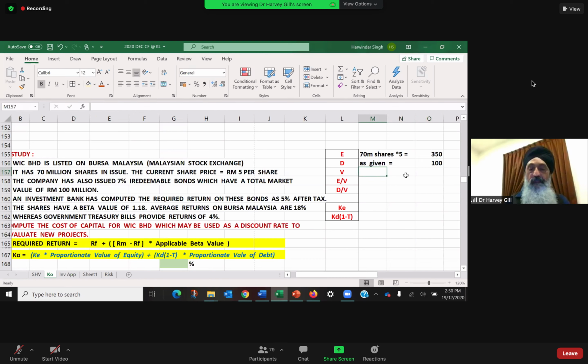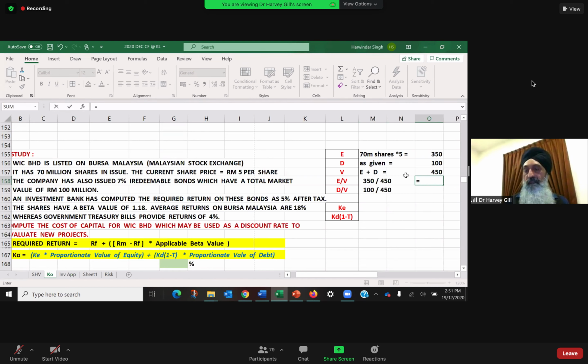Therefore, this is E plus D, which is 450. Therefore, proportionate value. And again, just to remind you, that's 350 divided by 450, yeah? And this one will be 100 divided by 450.